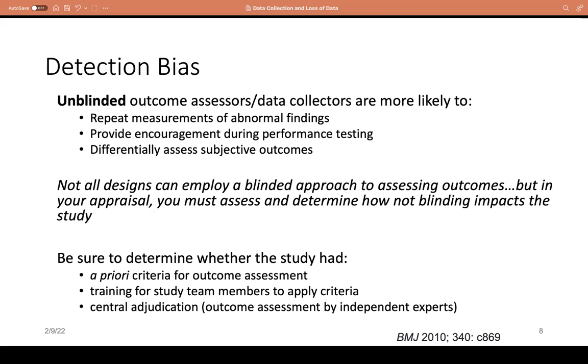And some studies have utilized what's called central adjudication, which means that outcome assessment is actually done by independent experts, people that aren't part of the study, and they'll just receive the data on whatever those criteria are, and they'll make the decision.